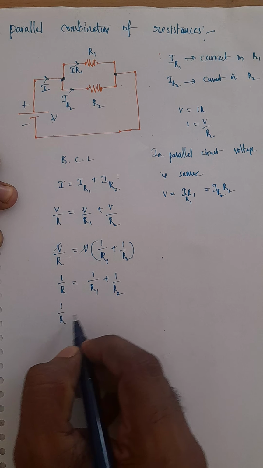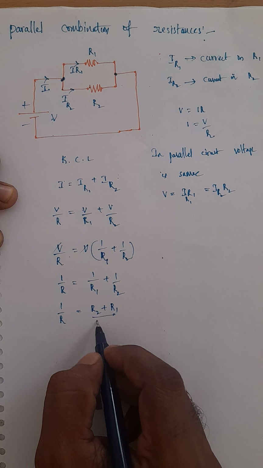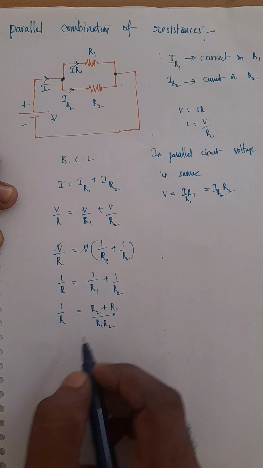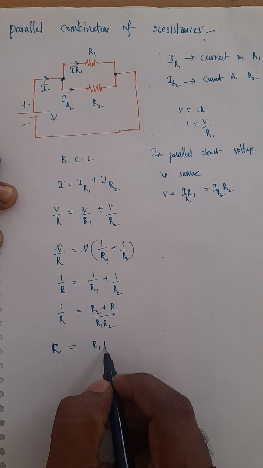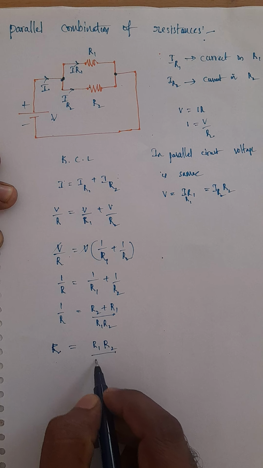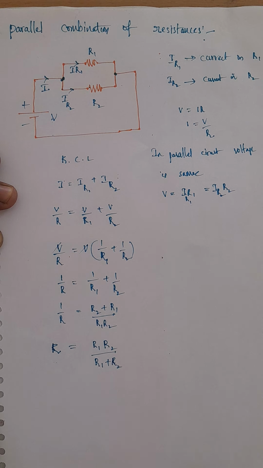Taking the LCM, it is R2 plus R1 by R1 R2. We are interested only in the R value. Therefore R is equal to R1 R2 by R1 plus R2. So this is the equivalent resistance in the parallel combination.